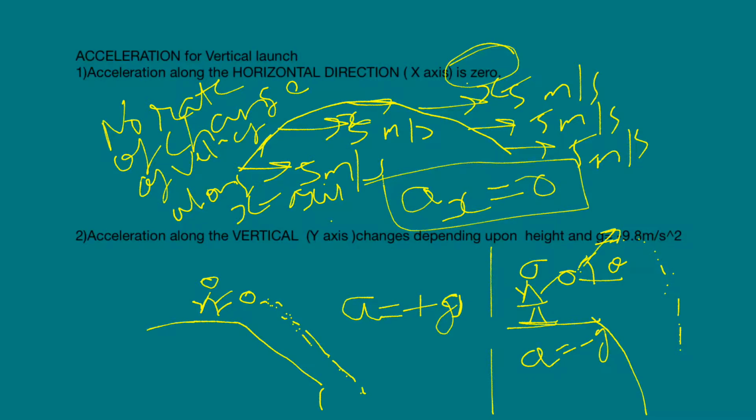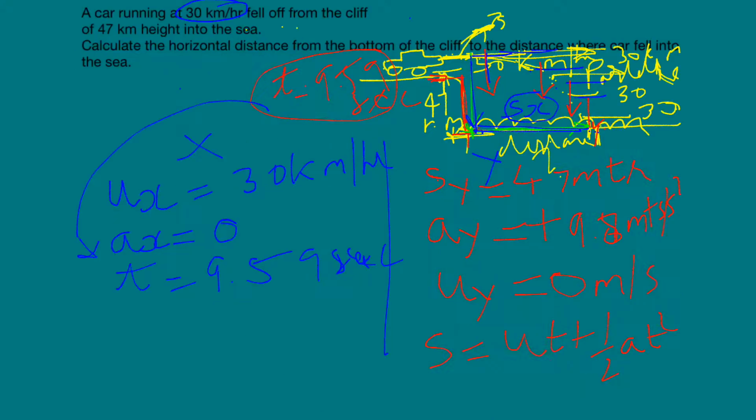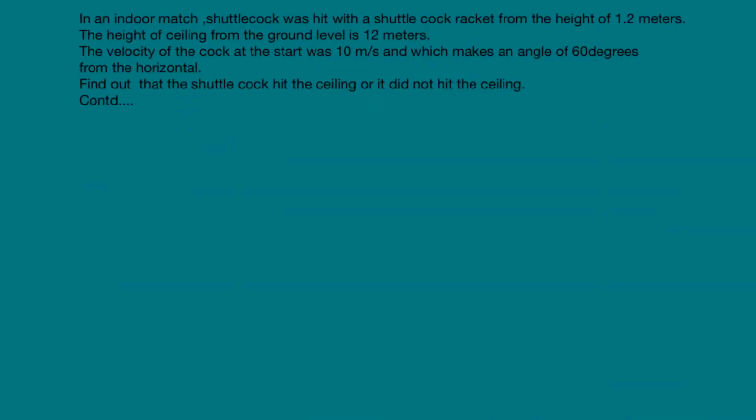Now we have to derive a few equations for the projectile launch. Before doing a few sums, we have to derive the equations. The first thing we will derive is time of flight.